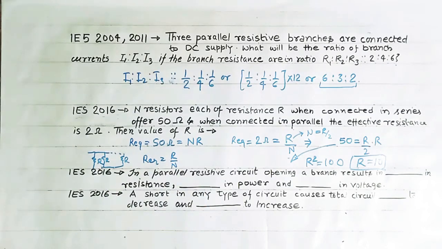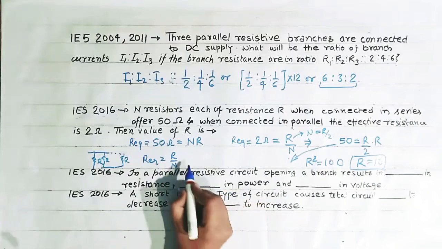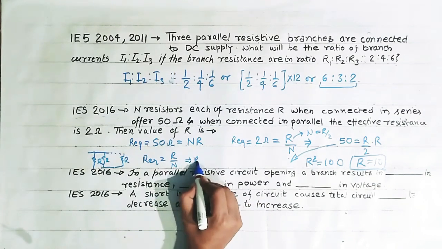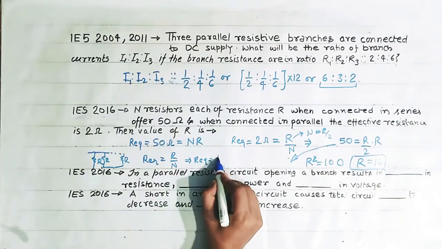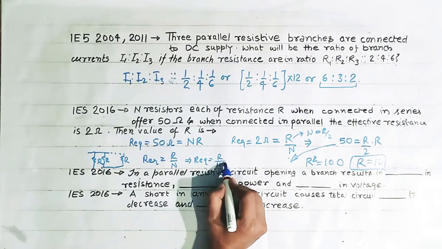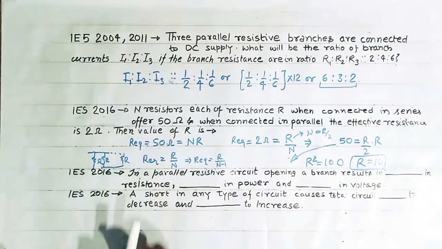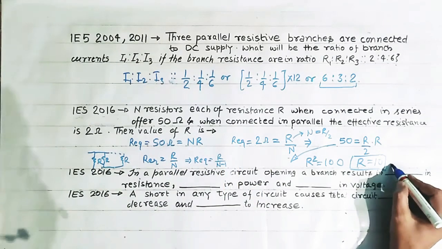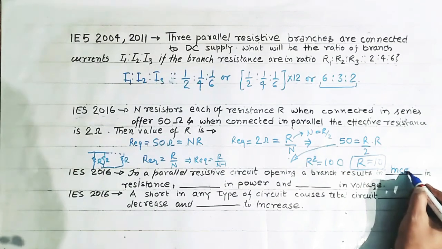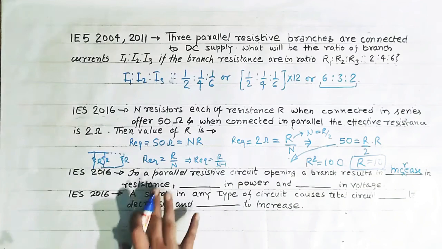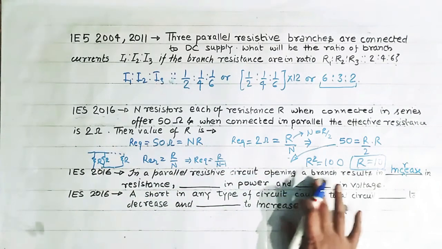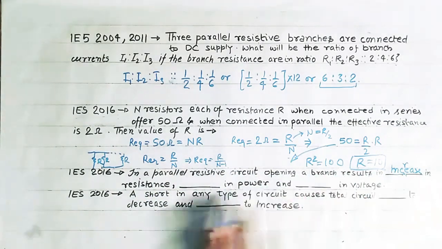If one branch is opened, then the equivalent resistance is R by n minus 1. It means the denominator decreases when we open a branch, so the net equivalent resistance will increase. So the answer is increase. In a parallel resistive circuit, opening a branch results in an increase in resistance.